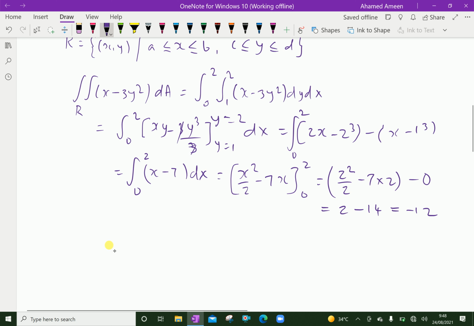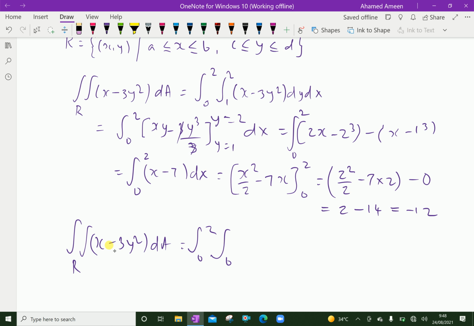Same integral, the double integral over region R of x minus 3y squared dA is equal to the integral from 1 to 2 and from 0 to 2 of x minus 3y squared, first with respect to x, then with respect to y.